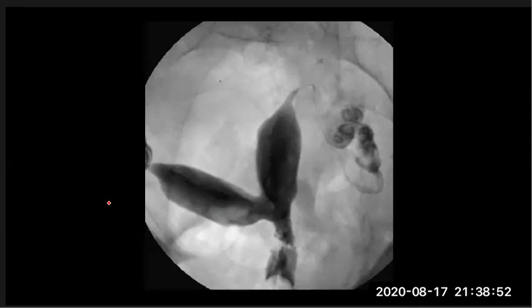This is classic for bicornuate uterus. The differential diagnosis is septate uterus. Okay, very good.